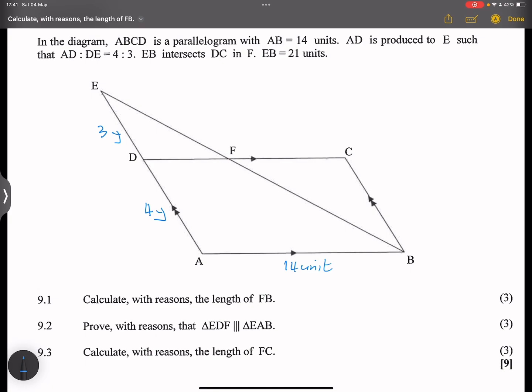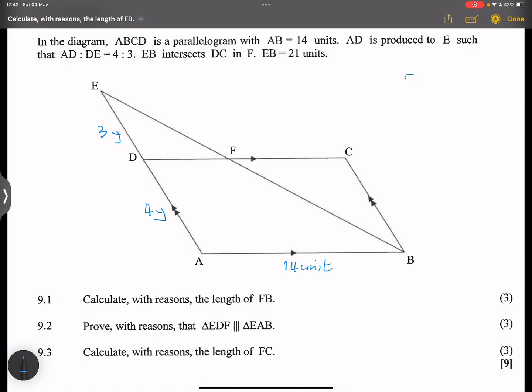And then they say EB intersects DC, right, at F. And they say EB is equal to 21 units. So EB, where is our EB? Right, so it's that entire side there, which is 21. Okay, right. Now they say to us, calculate with reason the length FB. So we want to find the length of FB.